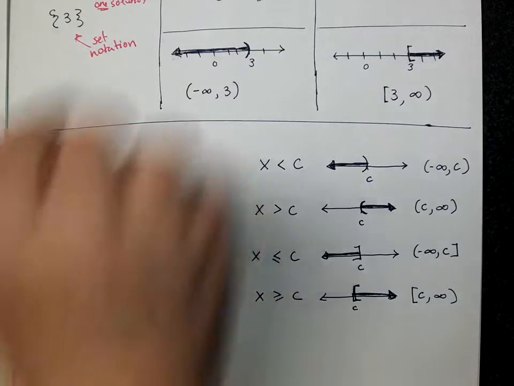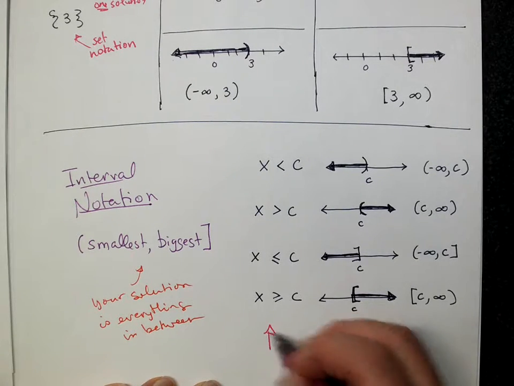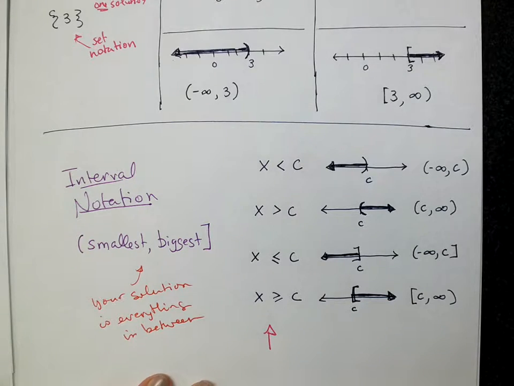Now, vocabulary-wise, the first part of the homework is going to ask you to change an inequality statement to interval notation and vice versa. So when you first solve and you get this answer, x is greater than or less than a number, this is what's known as an inequality statement.